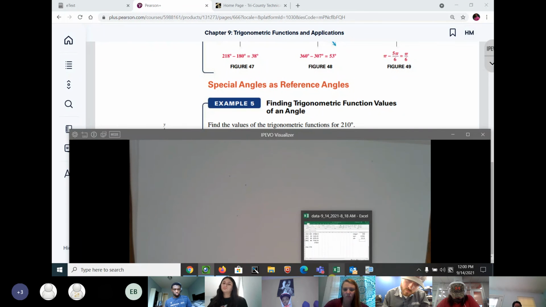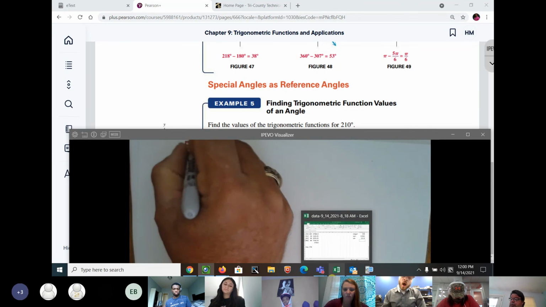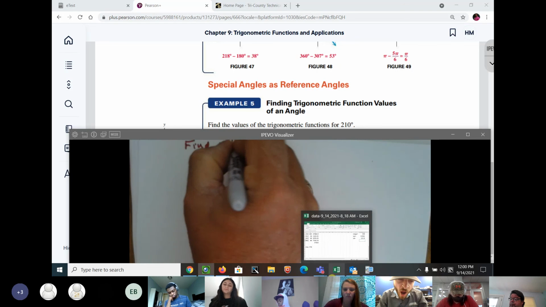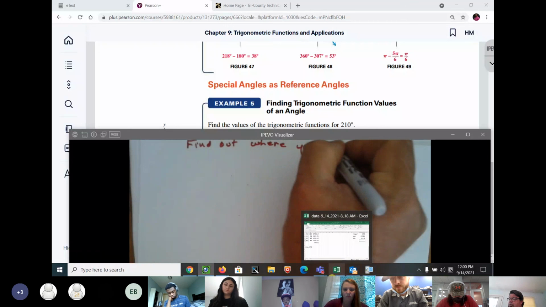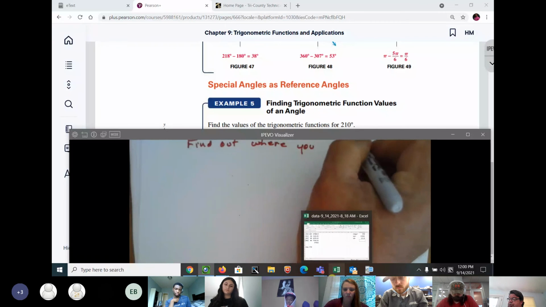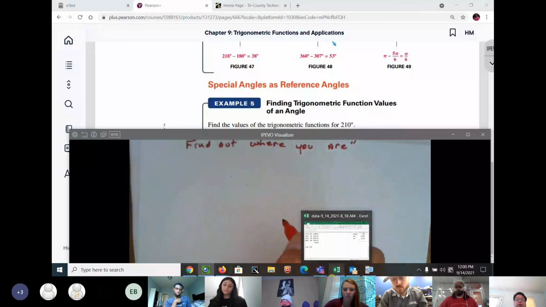Now, first of all, you need to find out where you are. Use 210 degrees to figure out if you're dealing with a 90-degree angle or a 60-degree angle or a 30-degree angle or a 45-degree angle.